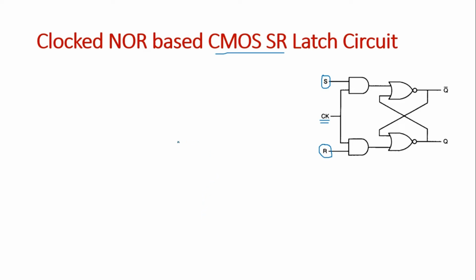So we have 2 AND gates over here. Let's say this is the first and this is the second. So at the first, S and the clock both are going to be in series in the NMOS. Similarly, as it is an AND gate, R and the clock will be in series. Let us start with this second gate.